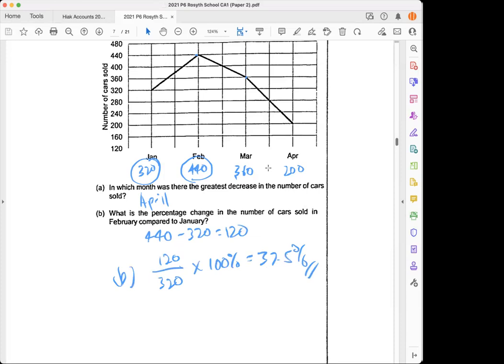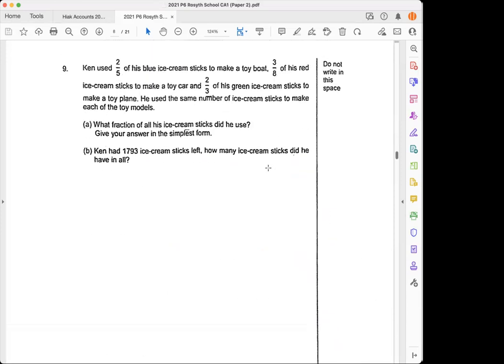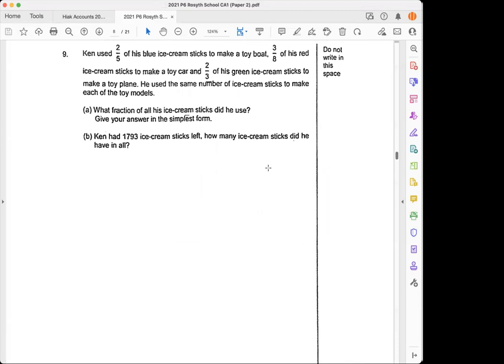Let's continue with question number 9. Let's read together. Ken used 2/5 of his blue ice cream sticks to make a toy boat, 3/8 of his red ice cream sticks to make a toy car, and 2/3 of his green ice cream sticks to make a toy plane.